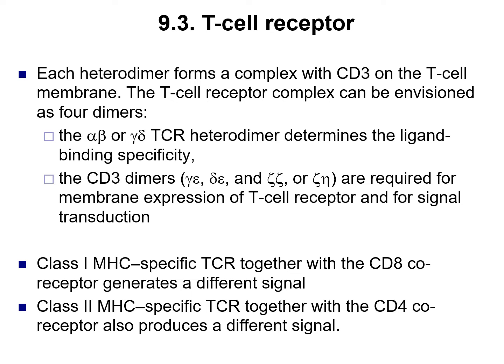Then the CD3 dimers, which are referred to by Greek letters, are required for membrane expression of the T cell receptor and for signal transduction. So just take note of the role of the CD3 dimers. Class 1 MHC specific TCR together with the CD8 co-receptor generates one signal, and class 2 MHC specific TCR together with CD4 will produce another signal.